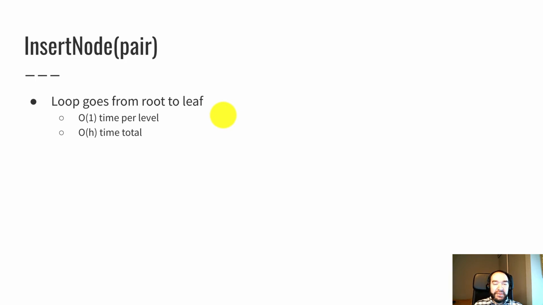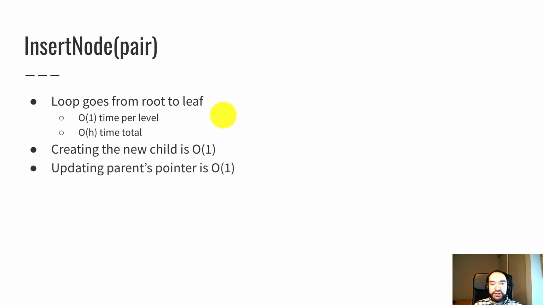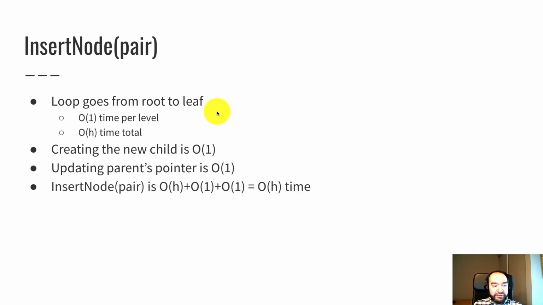So the maximum number of iterations is the height, so big O of h time. Creating the new child is constant time, and updating those parents pointers is constant time in those if statements. There's no loops in any of that. So InsertNode takes a total of big O of h time for the loop to get from the top to the bottom, constant time to create a new child node, and constant time to update the pointers. So that's big O of h time for InsertNode.